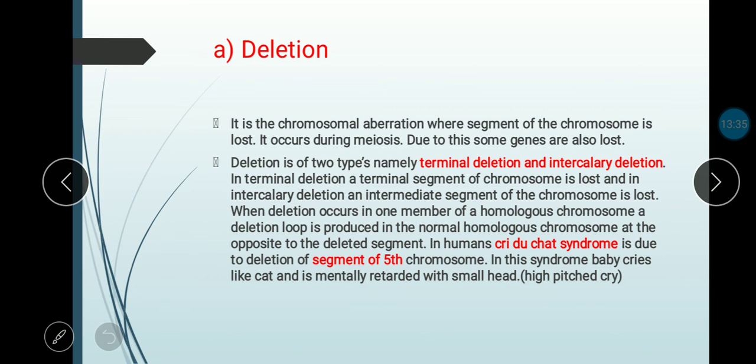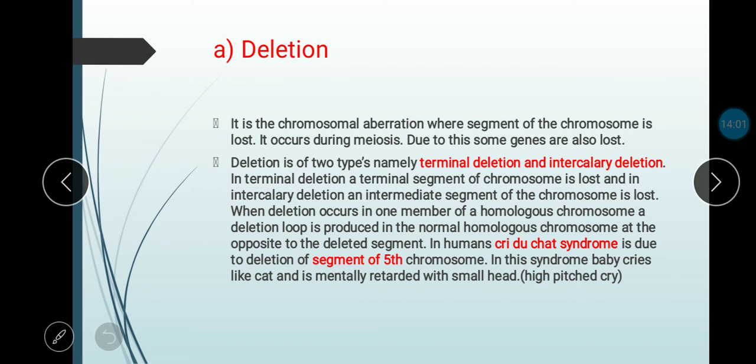In terminal deletion, the terminal segment of the chromosome is lost. In intercalary deletion, the intermediate segment is lost. When deletion occurs in one member of a homologous pair, a deletion loop is produced, with the normal homologous chromosome opposite the deleted segment.